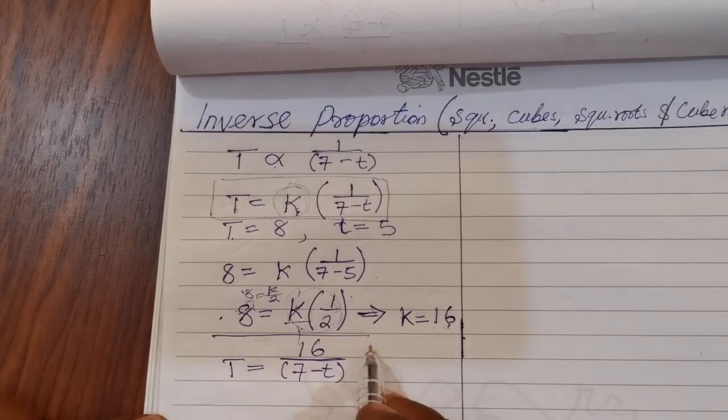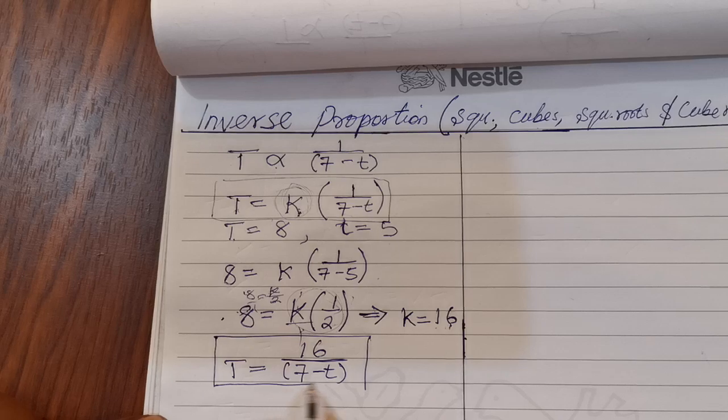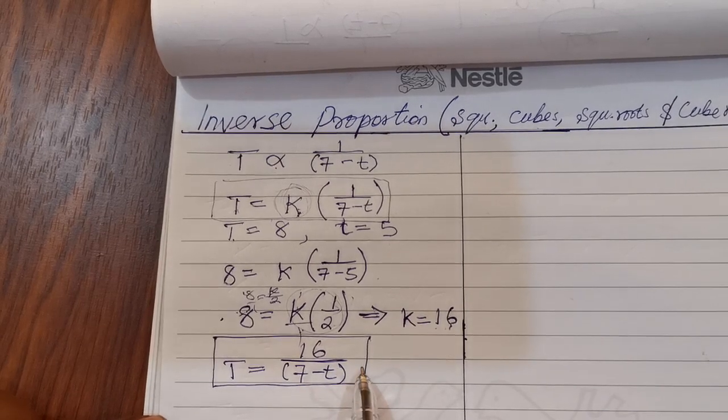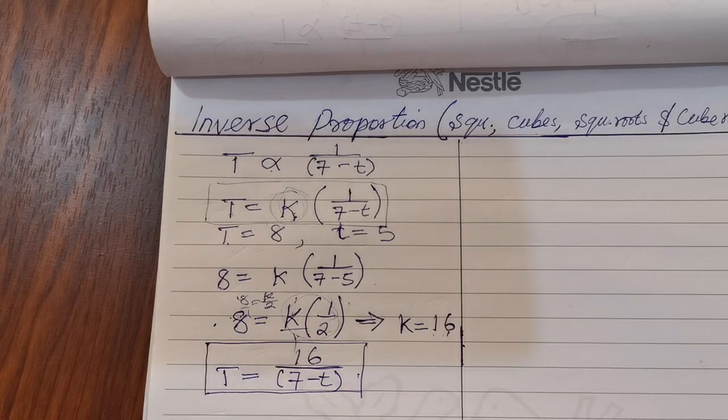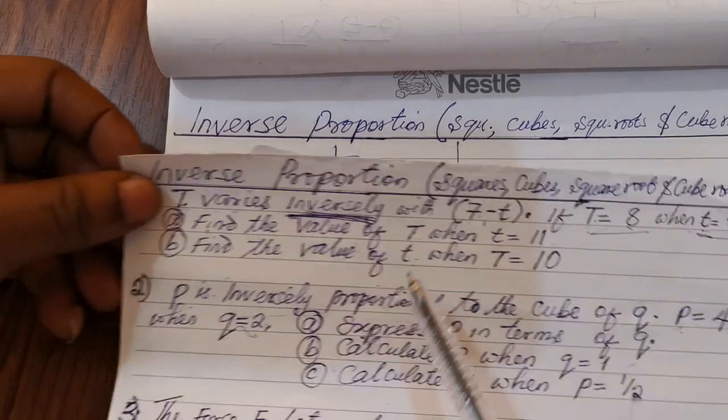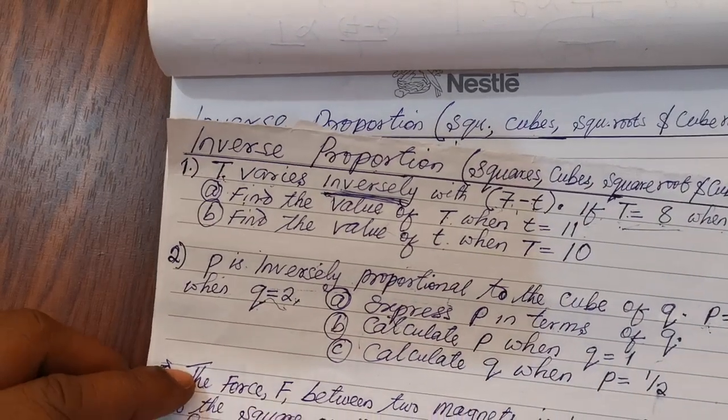So this is an important equation we'll be using to solve this question, and this is what we call the relationship between T and t, or if you're asked to express T in terms of small t, a relationship between T and small t. But from this question, we are not asked to find it, but we must obtain it.